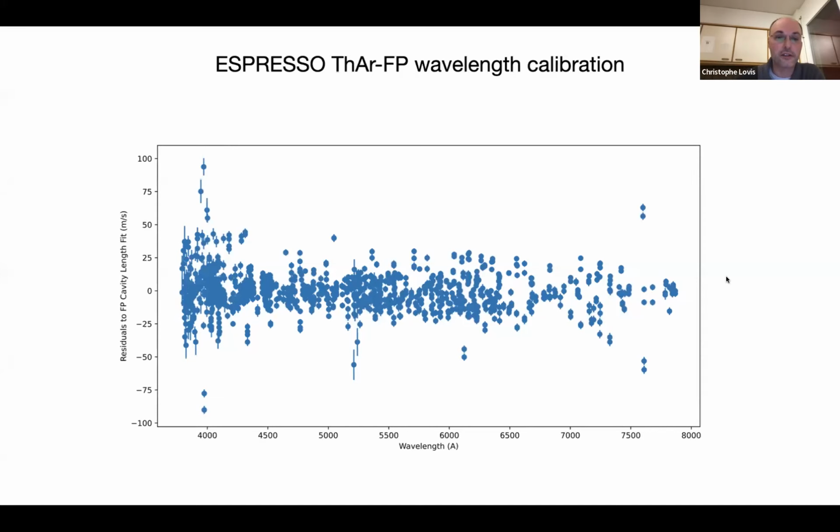So the scatter here is fully dominated by systematics that we probably don't fully understand, which are probably related to PSF effects, maybe still some blends on the thorium lines, and other effects that we can maybe discuss later. Anyway, these are the residuals from a random ESPRESSO calibration frame that I considered here.